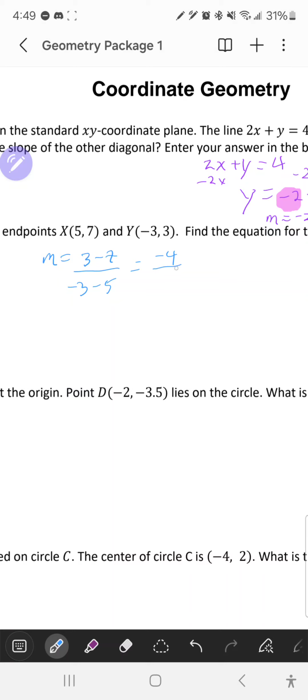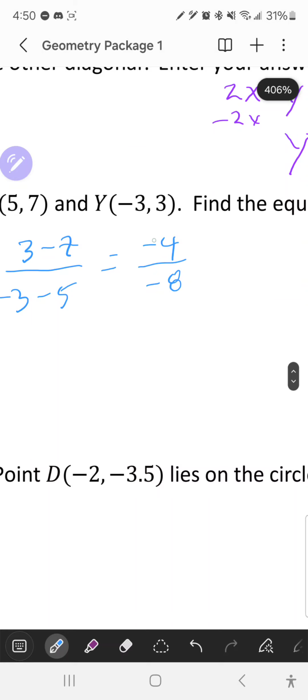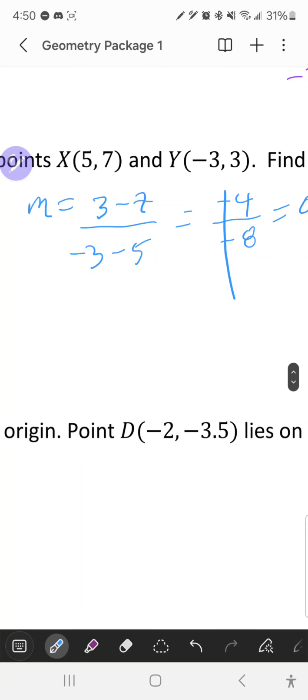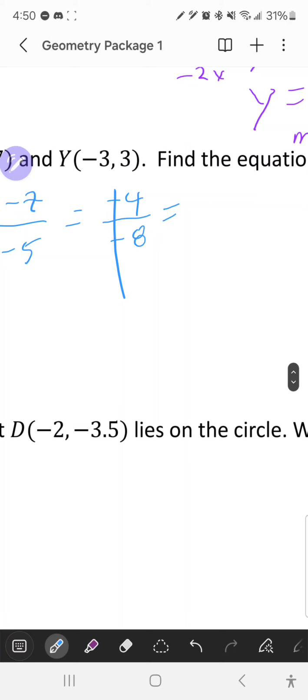Negative 3 minus 5: they have the same sign, so we add them and keep the sign. 3 plus 5 is 8, and since they are both negative, it's negative 8. Negative divided by negative is positive, so 4 divided by 8 is 0.5. Positive because they are both negative. This is basically the same as 1 over 2.